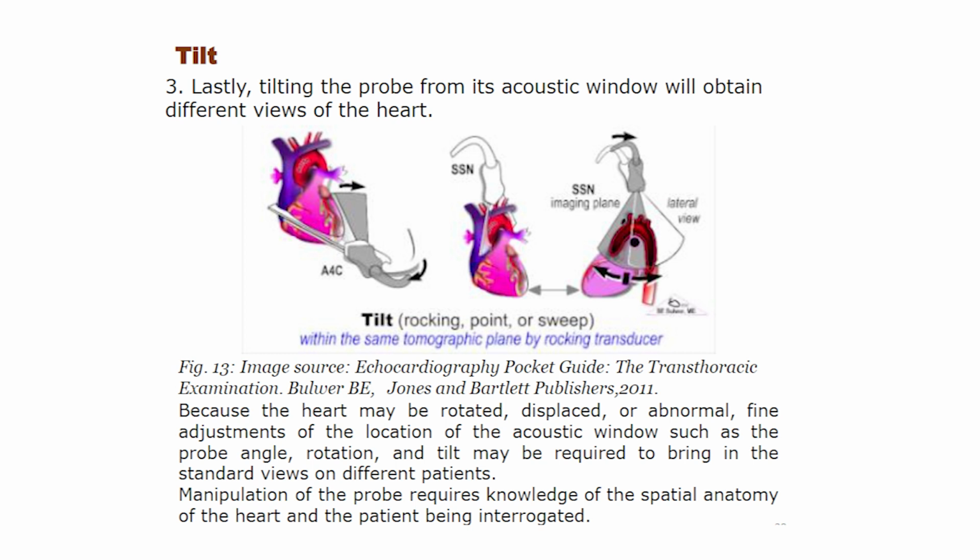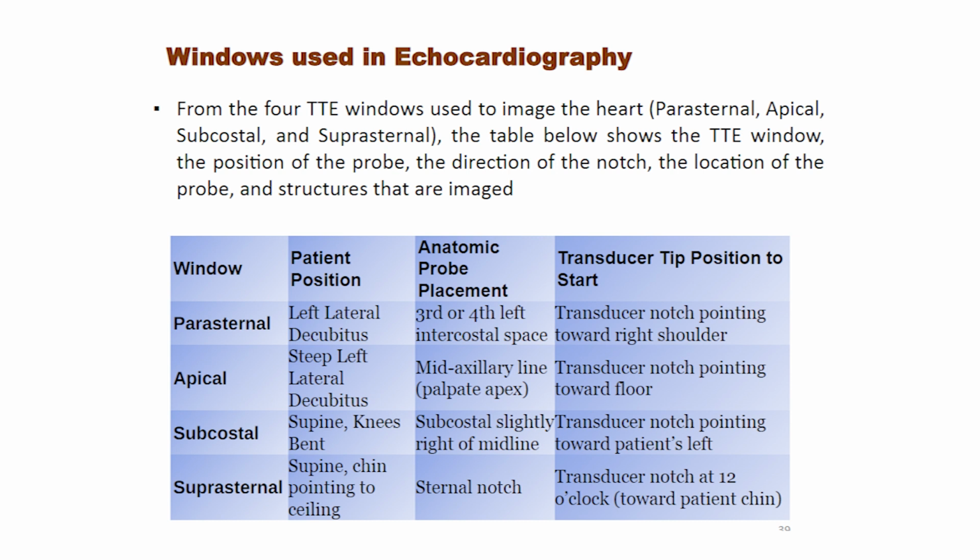In the last, coming to windows used in echocardiography. Four TTE windows are used to image the heart: parasternal, apical, subcostal and suprasternal. The table below shows the TTE window, the position of the probe, the direction of the notch, the location of the probe and structures that are imaged.